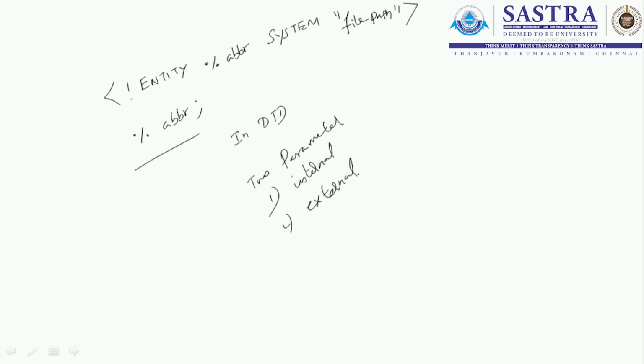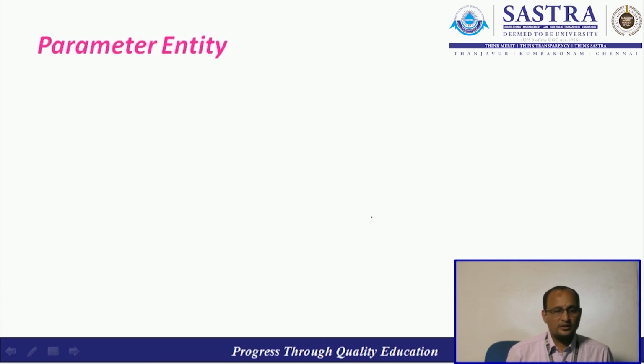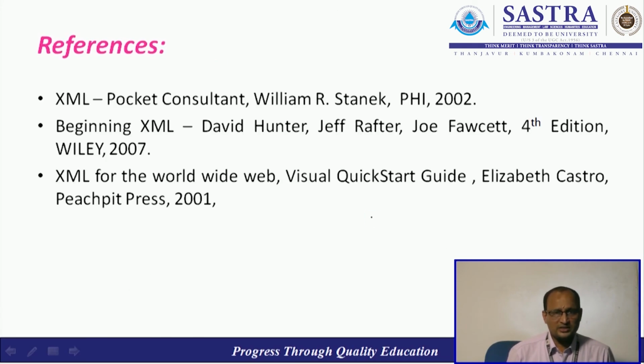We learned that by using external, the existing DTD file can be reusable. This is the difference between internal parameter entity and external parameter entity. Thank you for watching this session.